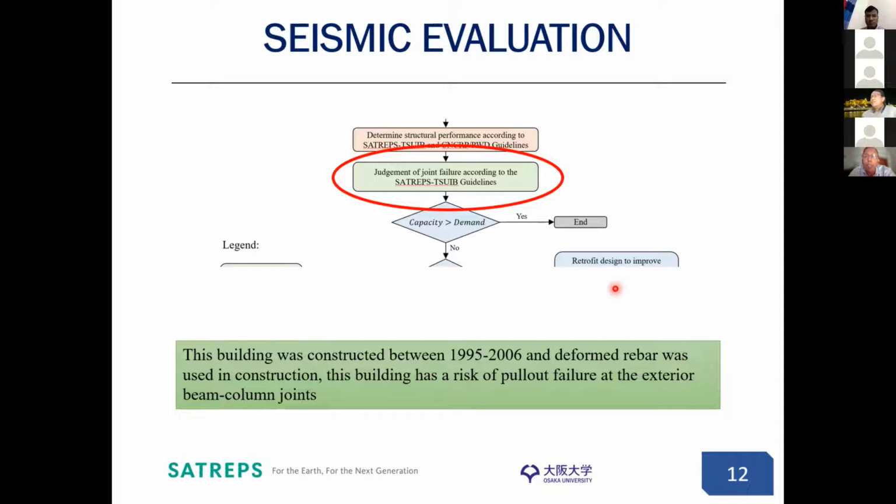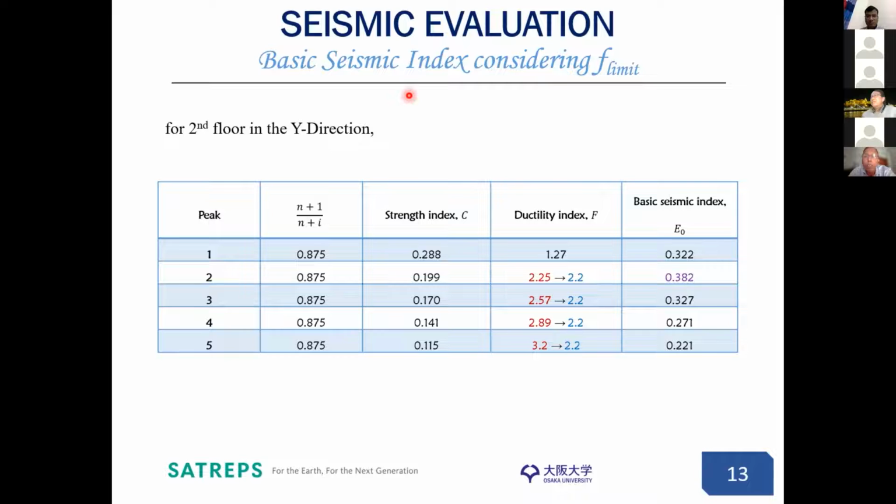So if those criteria are satisfied according to this guideline, we will perform a defined kind of capping, which is basically limiting the deformation capacity to a point where pull-out failure will not govern. Other types of failure will govern before the initiation of pull-out failure.